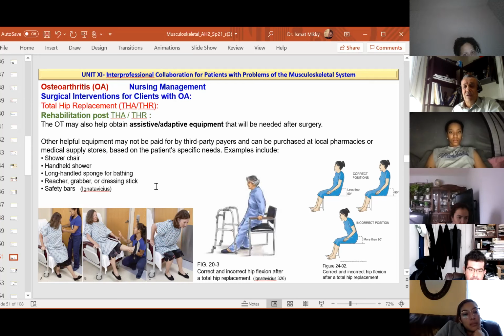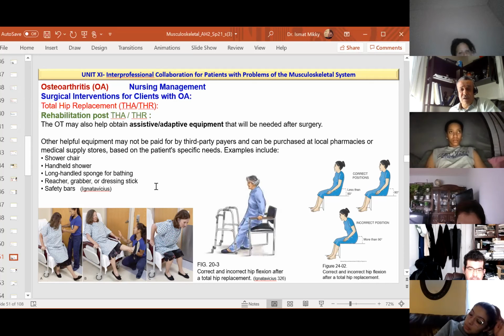Any position that increases flexion of the hip and results in more than 90 degrees of hip flexion should be avoided. Can we change positioning if you have to change the patient's position in bed or turn the patient post-op?